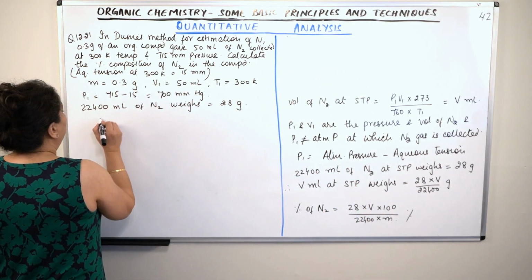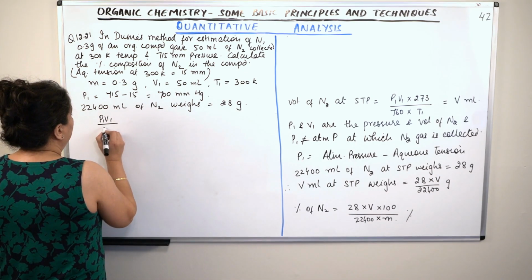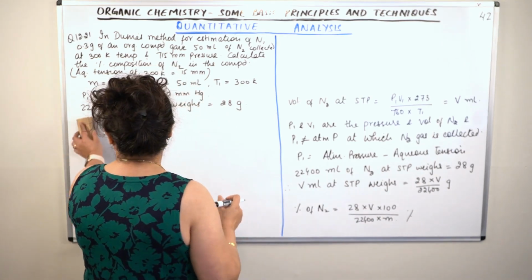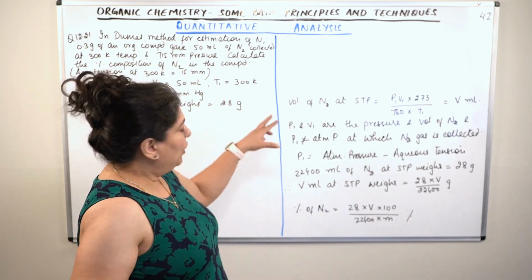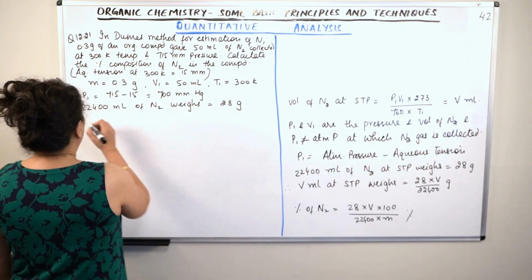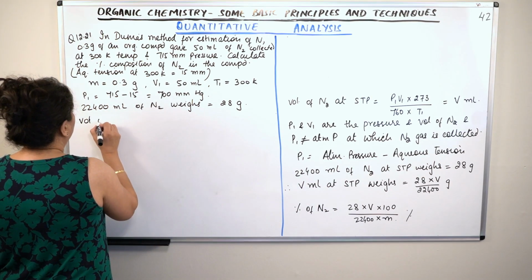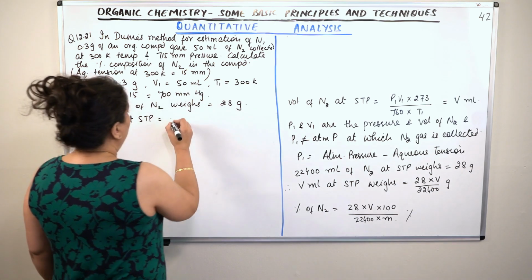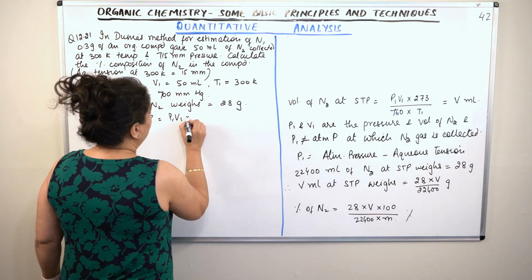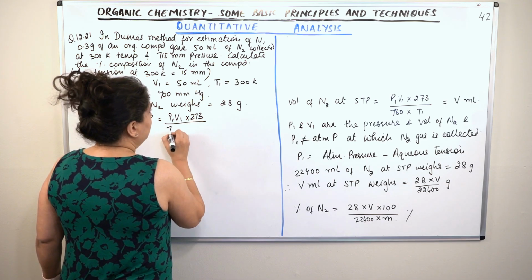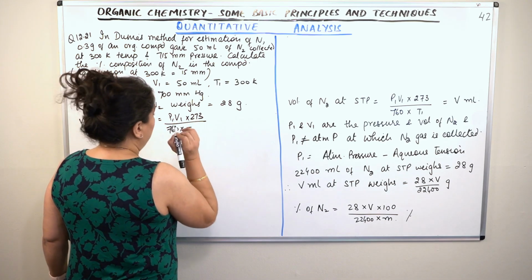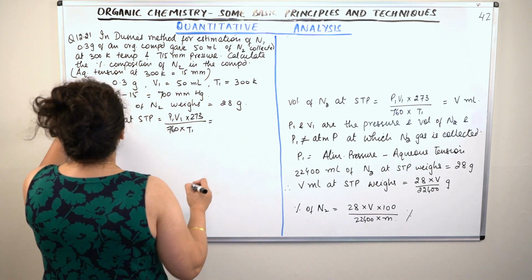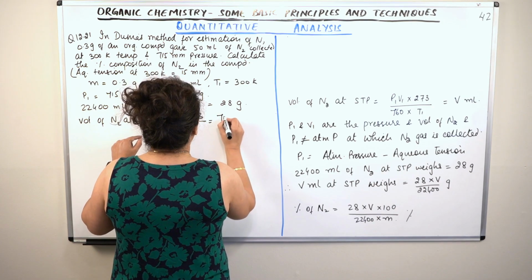So we'll say P1 V1 upon T1, or let me just take it down from here because I need not derive it. What would be the volume of nitrogen at STP? Volume of nitrogen at STP would be equal to P1 V1 into 273 upon 760 into T1, right? So let us substitute all the values. P1 is 700.